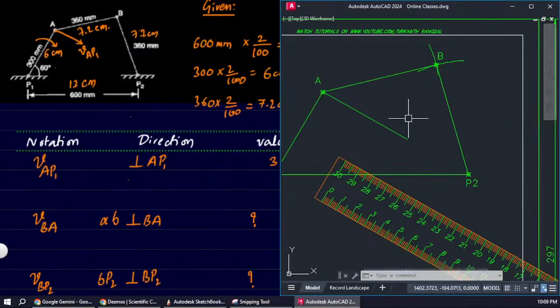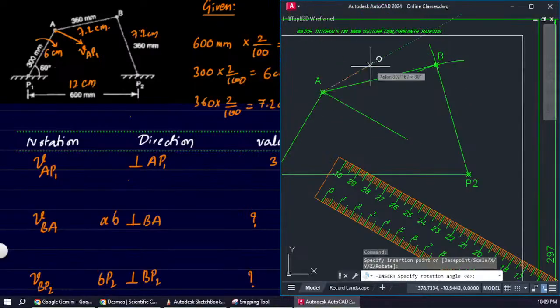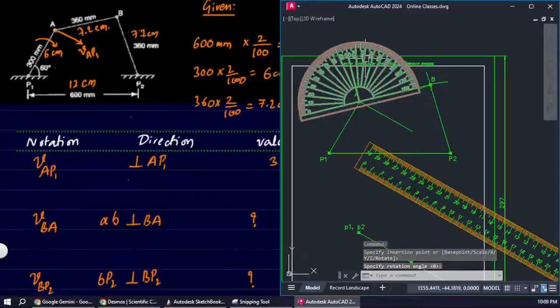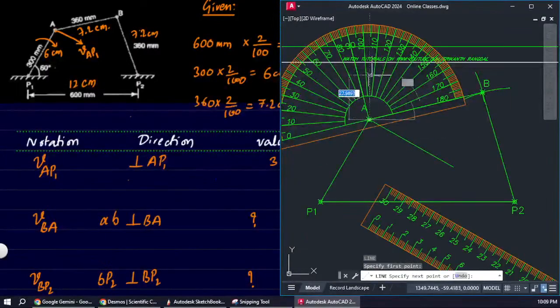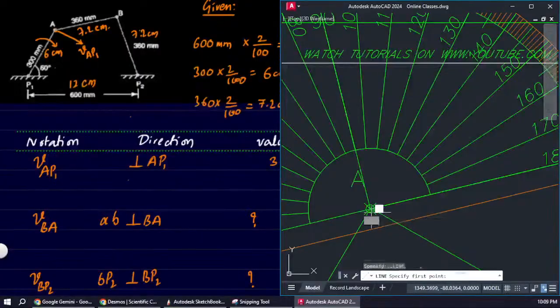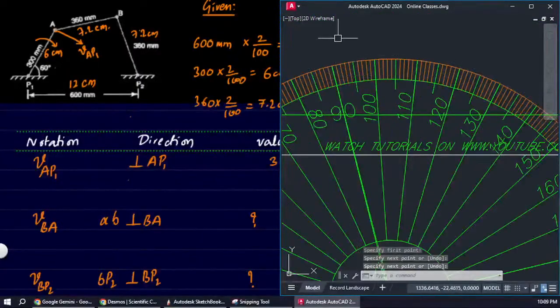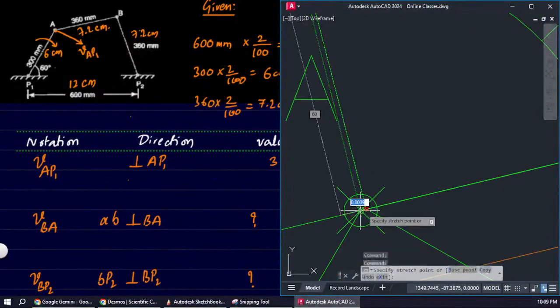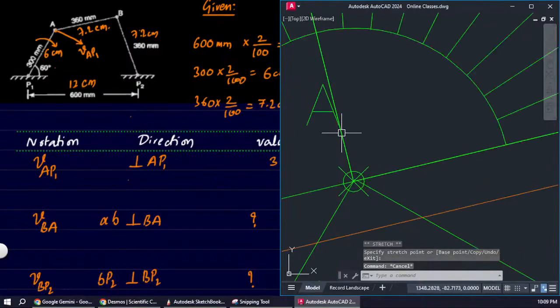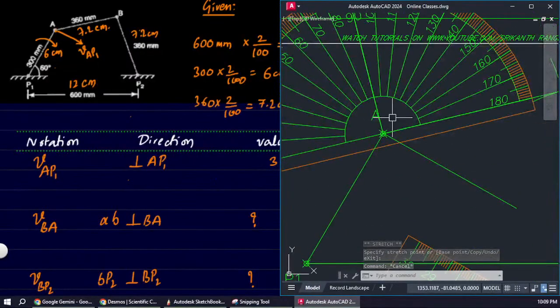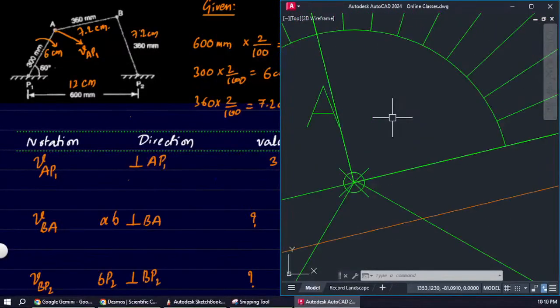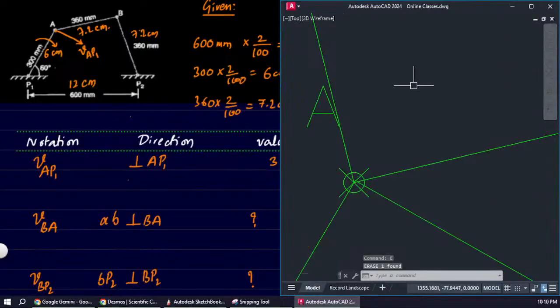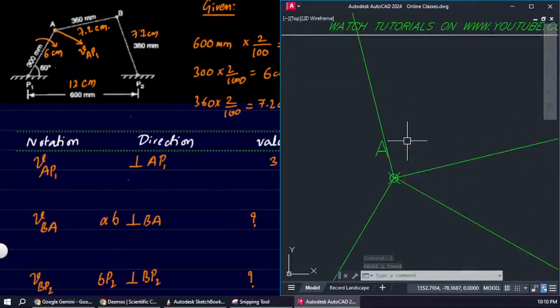So let's take our protractor. We'll need a perpendicular to this. So this is the perpendicular line.